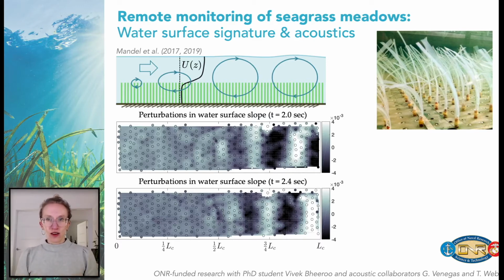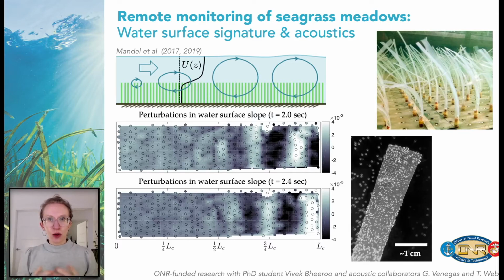So I'm working with Dr. Gabe Benegas, who is another new faculty member here, to understand how, if we were to seed our model seagrass blades with bubbles to mimic the photosynthetic bubbles that would occur in real seagrass beds, the motion of this model vegetation also alters the acoustics of this problem.